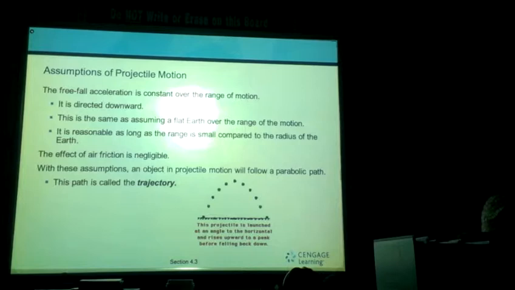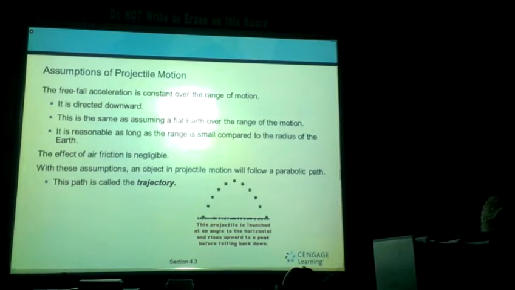However, over the small range that most objects exhibiting projectile motion will move, we're going to assume that there's a flat Earth over that particular motion, okay? It is reasonable as long as the range is small compared to the radius of the Earth.